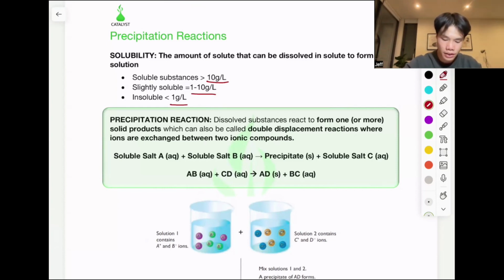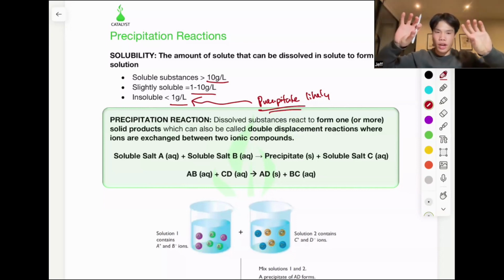So substances that are considered insoluble would be the ones that tend to precipitate. And often the ones that do precipitate very readily are the ones that are way less than 1 gram per liter. Way, way less.